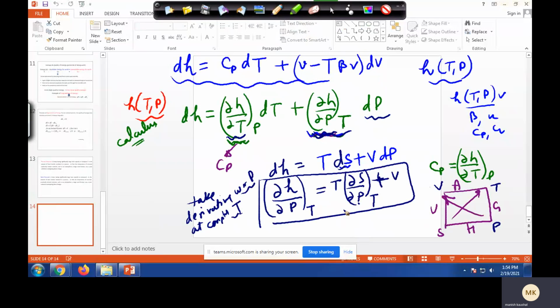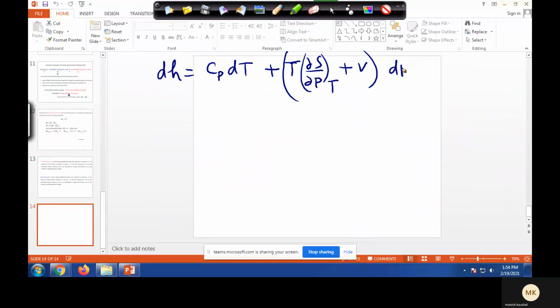So we have replaced this by this into dP. Okay, so see what we have created. dH is equal to Cp dT plus V dP is already created. That's a big relief. V dP we have.